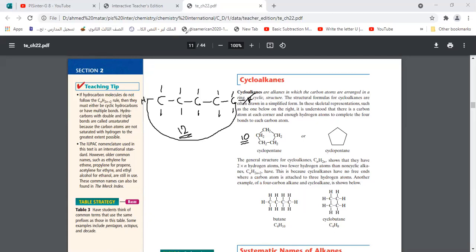That's something we also need to know about the number of hydrogens. Although here the number of hydrogens is less than in the straight alkane, it is still saturated because the carbons are attached to each other by single covalent bonds, and they carry the maximum capacity of hydrogen that they could carry to form this arrangement in space. Okay, guys? Is it clear?